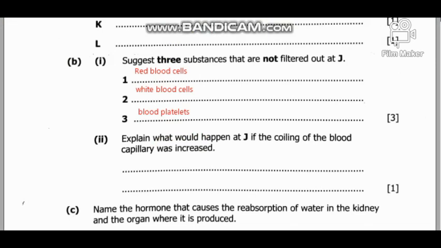Now we come to the next question, which is saying explain what would happen at J if the coiling of the blood capillary was increased. In this case, what we need to understand is that at J, which is the glomerulus, the pressure filtration is going to increase, or there will be more ultrafiltration.